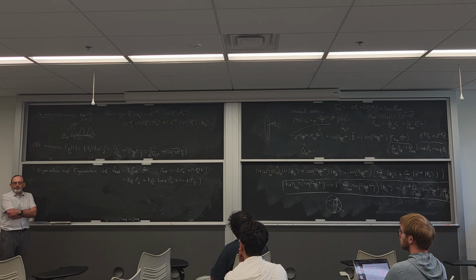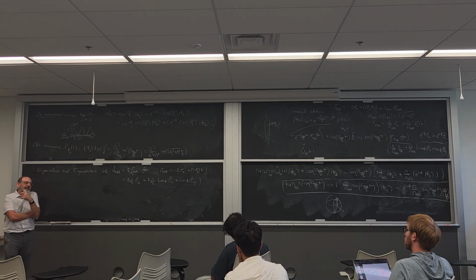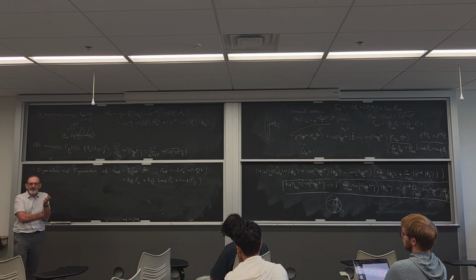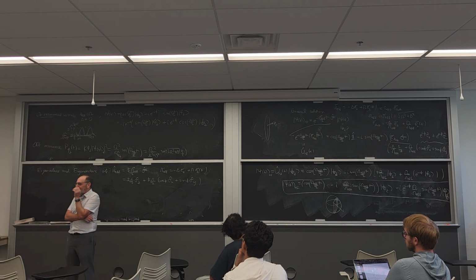I ask you now, what are the eigenvalues and eigenvectors of this Hamiltonian? How would you find them? Yeah, we would diagonalize the Hamiltonian. Now, how do you diagonalize the matrix? Well, the way you learn it in some of your other classes, you write down the secular equation, and then you find the roots of the polynomial.